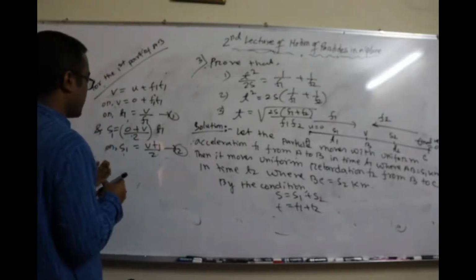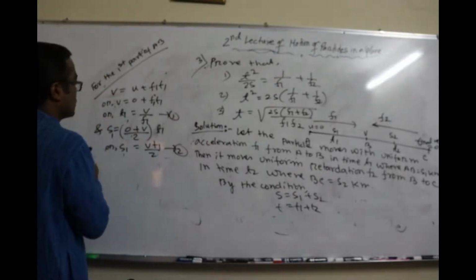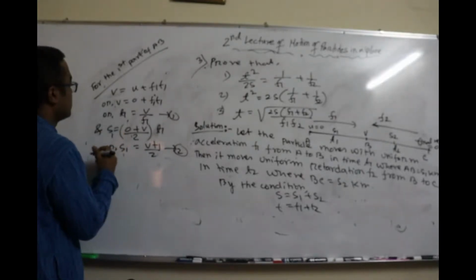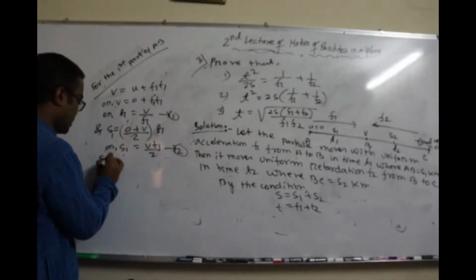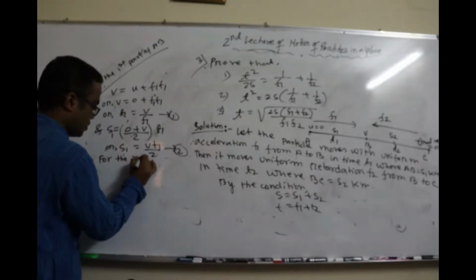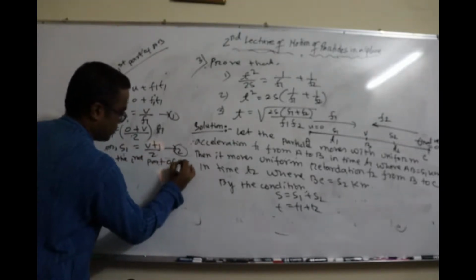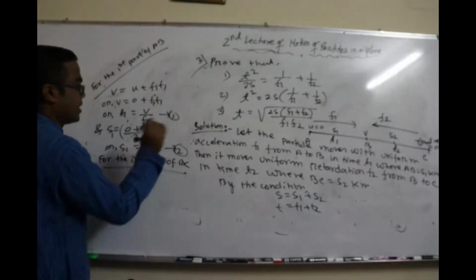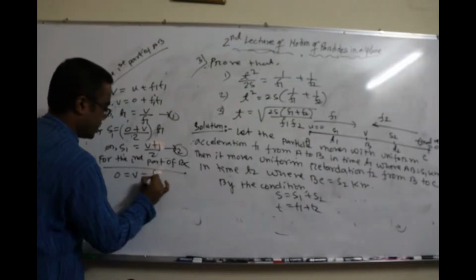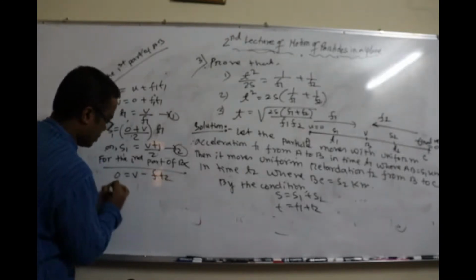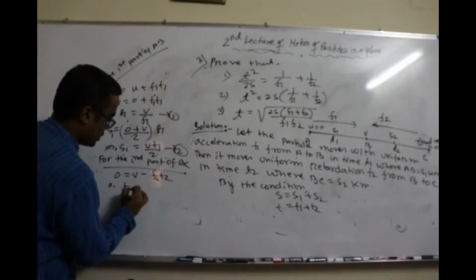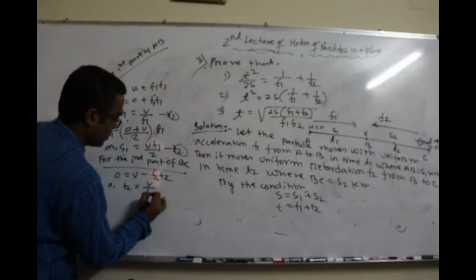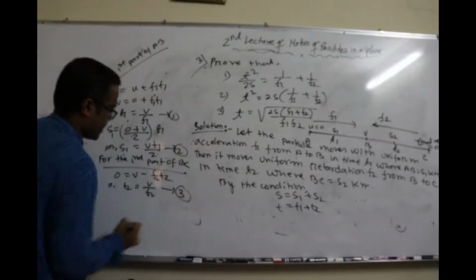Similarly, for the second part BC, the final velocity is 0, so 0 equals V minus F2 T2, or T2 equals V by F2. This is equation 3.